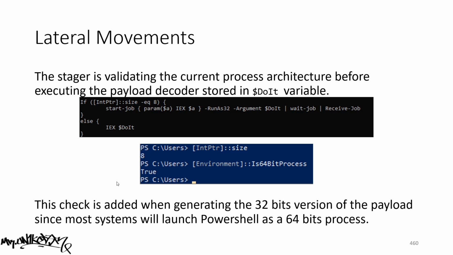So if your shellcode is not matching the proper architecture, it's going to take care of spawning a process with the proper architecture. Keep in mind that by default 64-bit shellcode is going to run inside of a 64-bit PowerShell. So technically, if you just put 32-bit shellcode in there, it's going to do the magic for you, because PowerShell is most likely going to be spawned as 64-bit by default. That's the reason why they had such a check. So if you generate your shellcode in 64, you're going to be good.